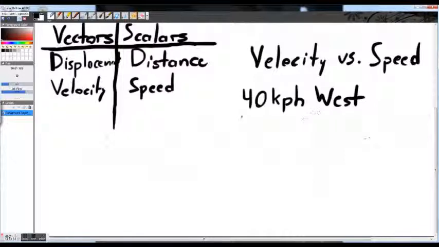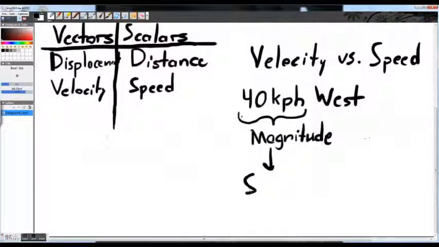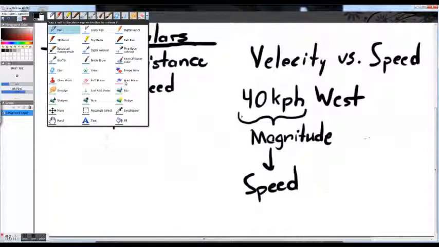The magnitude of this velocity is going to correspond to the length of this vector, and the magnitude will equal the speed of the object. So speed is simply the magnitude of velocity. And therefore it's a scalar.